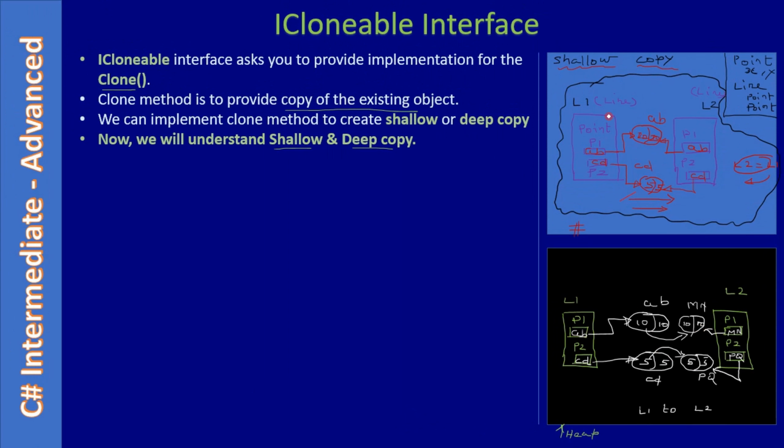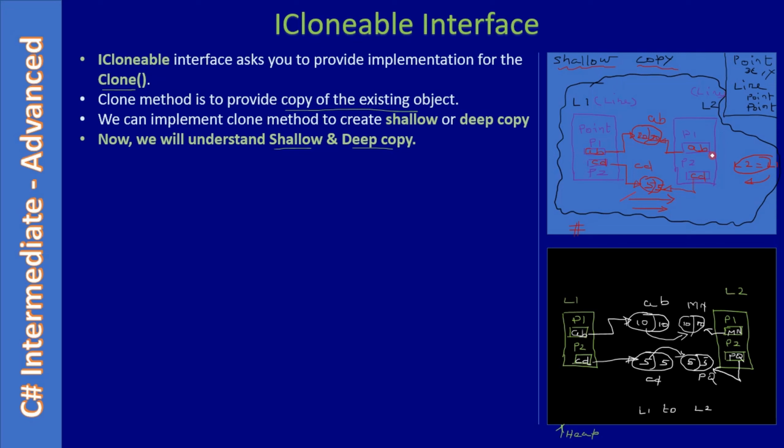Here, first we created line 1. Line 1 object is in the heap, that's one instance. Then line 1 has 2 point instances, so there are totally 2 point locations and 1 line location. Next, when you construct L2 by means of copy, if it is a shallow copy, then there will be no new instance. The address content gets copied here.